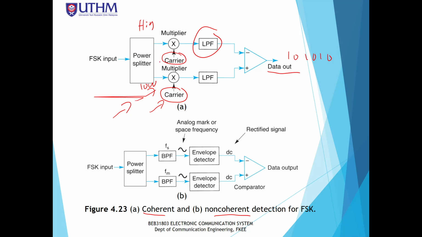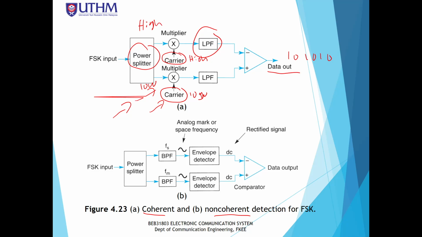Tadi yang atas ni kita menggunakan untuk high frequency. So power splitter tadi split the power, and then we multiplied with a different carrier signal. This is a high frequency, for example, and this is a low frequency carrier.